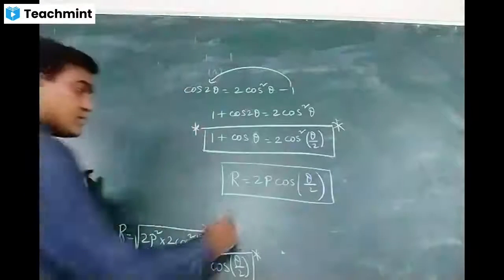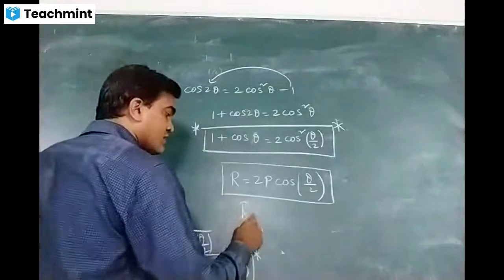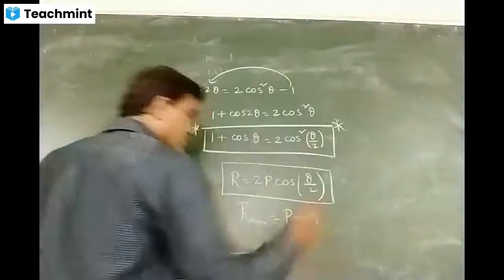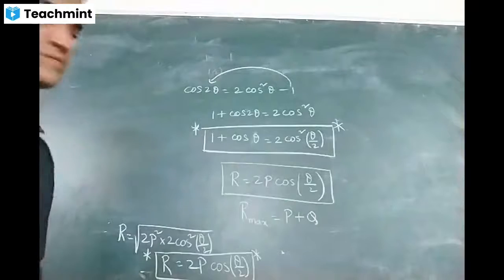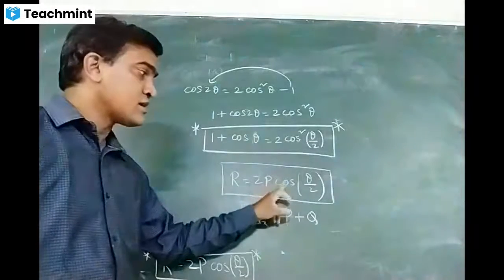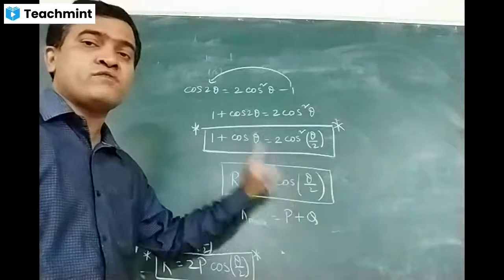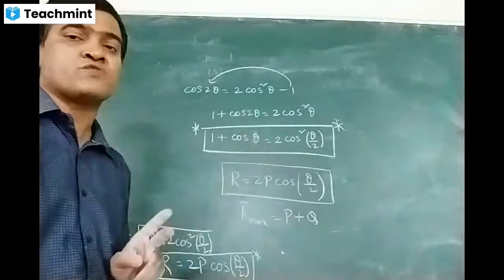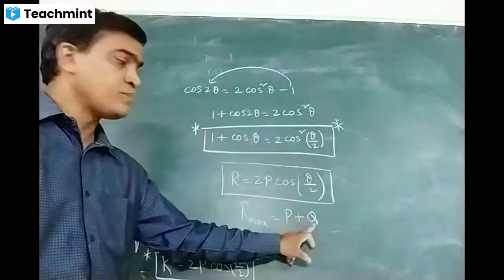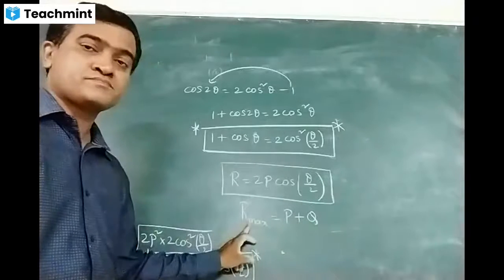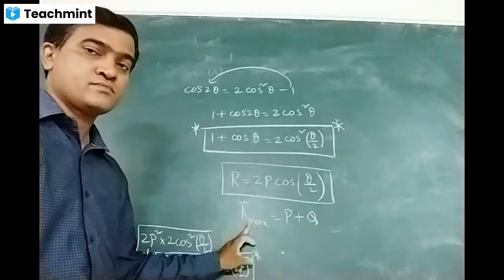Case 1, P plus Q. But this is the formula which is valid only when magnitudes of the two vectors are equal. Now if Q is equal to P, what is your maximum? 2P.